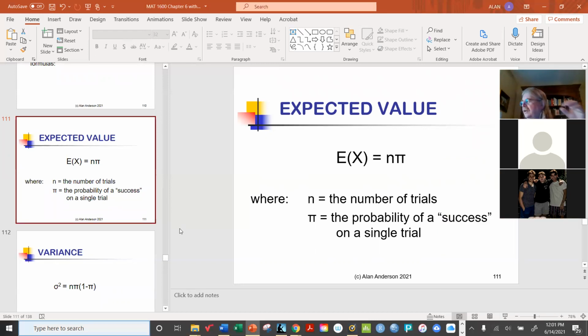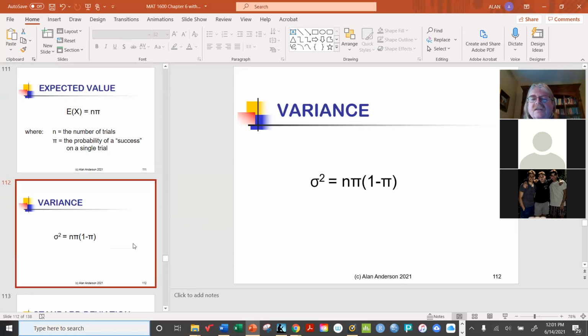Here, we're just multiplying 2 numbers together and we're all set. So then the variance formula, which was quite involved, is quite easy as well. Essentially, you're just taking what you had before and multiplying it by 1 minus pi. Look how easy that is compared to what we had to go through earlier.